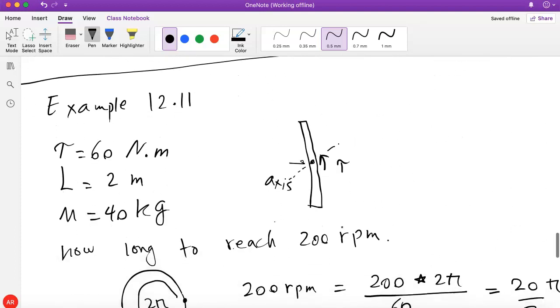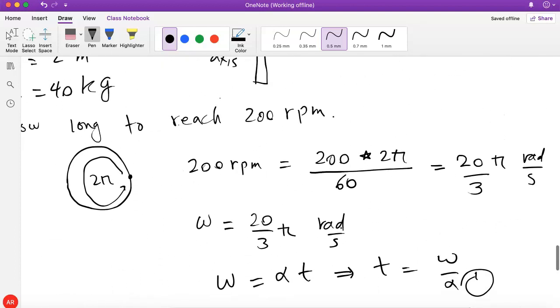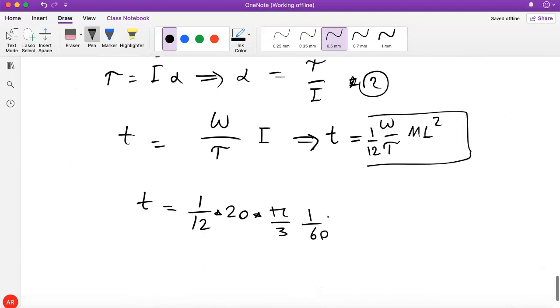Mass is 40 kilograms. Length is 2 meters, so that's 2 squared, which is 4. So let's say we cancel the 4 by 12, we get 1 over 3, times that other 3 is a 1 over 9 here.